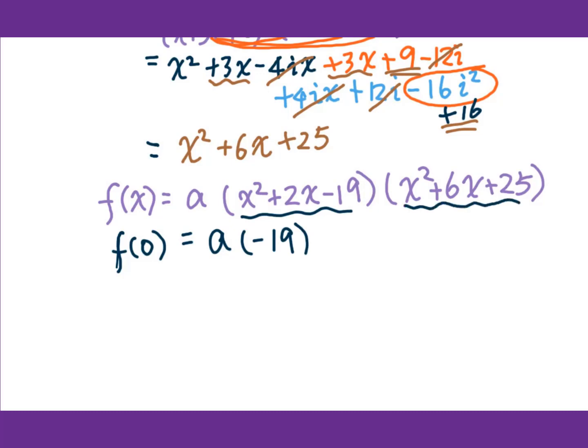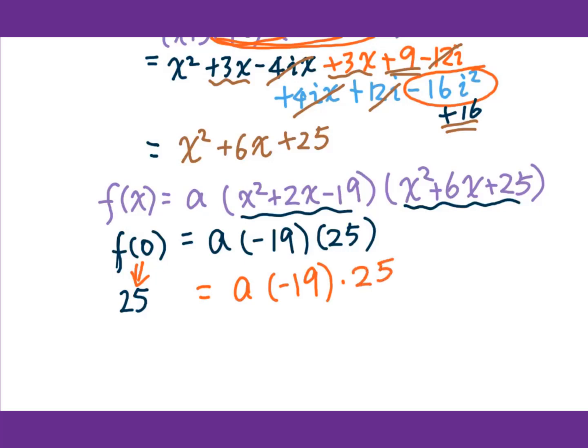This one you will get 25. Because 0 squared is 0, any number times 0 will be 0. f of 0, that's 25. We plug in. Then you got a times negative 19 times 25.